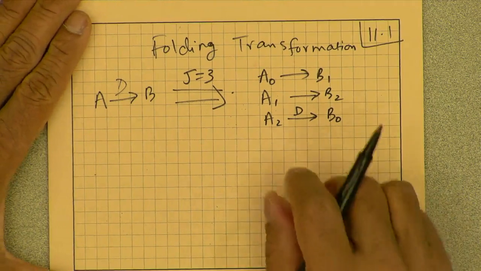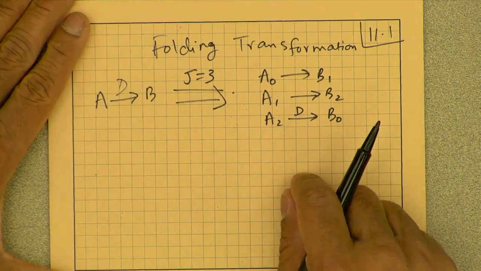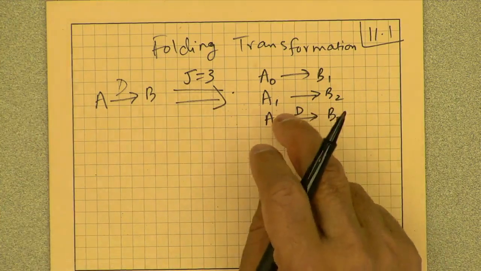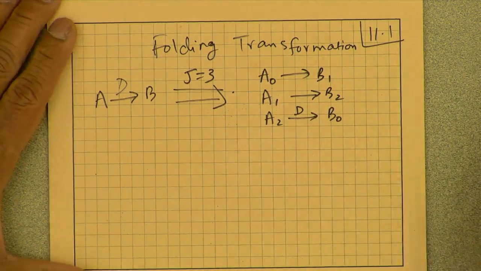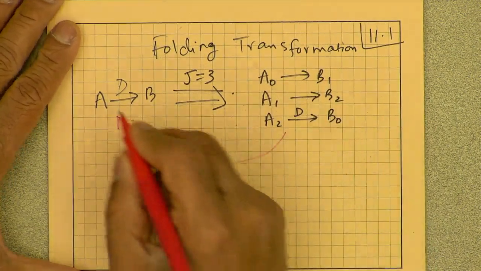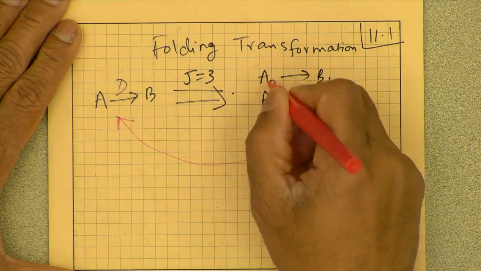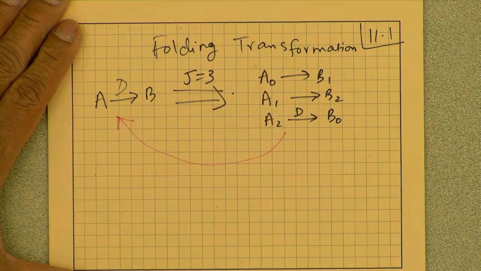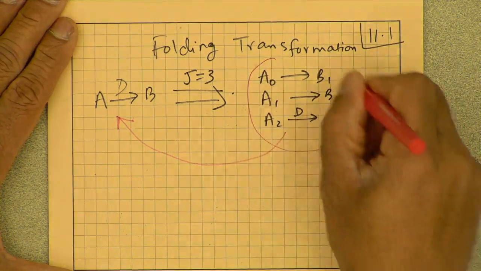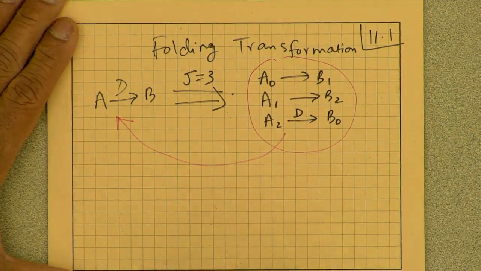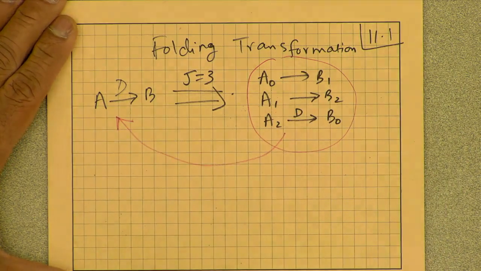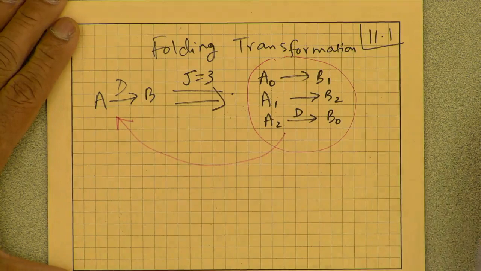Initially I began asking the question, if I can unfold that, is it possible to fold this back to the original flow graph? Each A now has been replaced by 3 A nodes. Now can I take this flow graph and fold it to something like that?